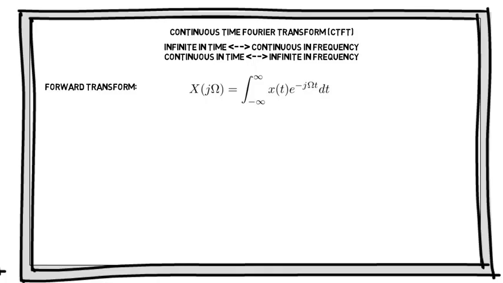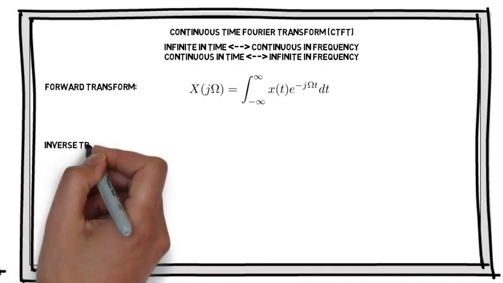And because it's infinite length in the time domain, it's therefore not discrete in the frequency domain. So the frequency variable is going to be a real number, capital omega. So we take x of t and multiply it by e to the negative j omega t, and integrate from minus infinity to infinity in the time domain to get x of j omega.